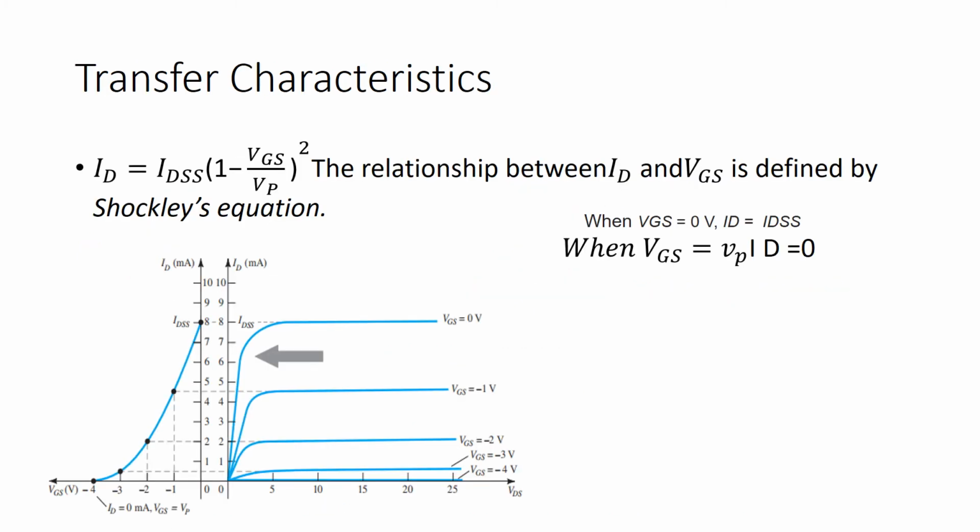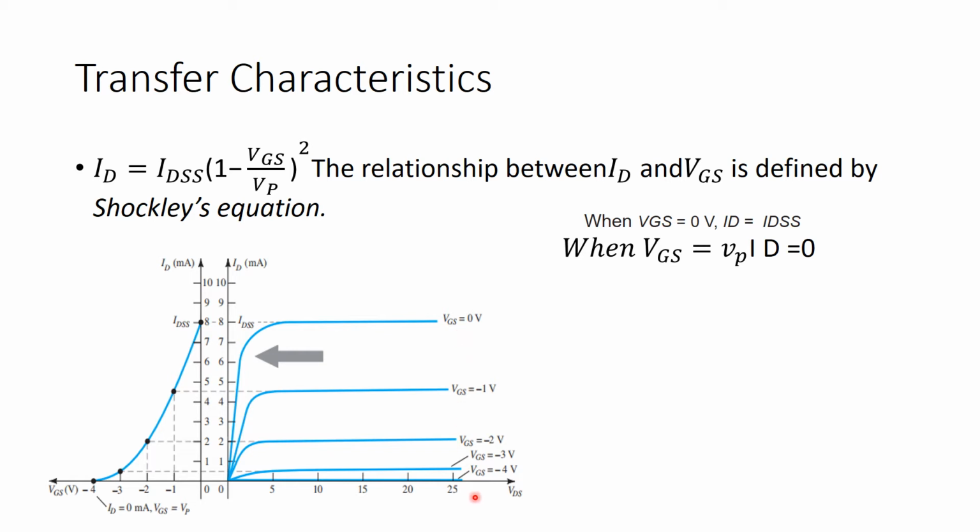So transfer characteristics. Transfer characteristics are defined as output current versus input voltage, and this is relatively related to the input output characteristics, which is plotted by taking the parameters ID and VDS, keeping the parameter VGS at some constant value.